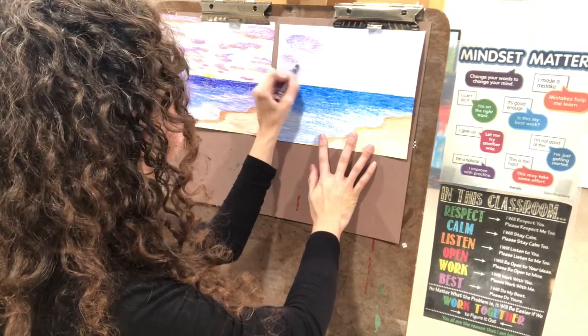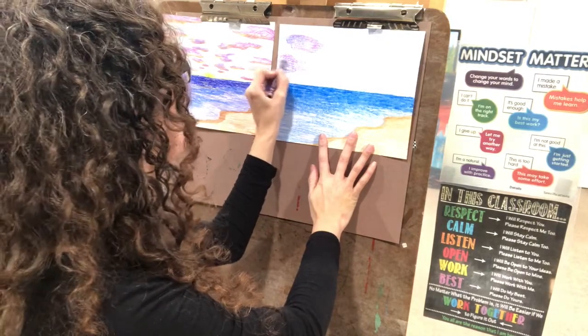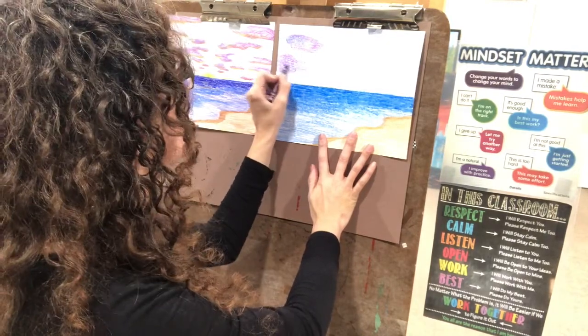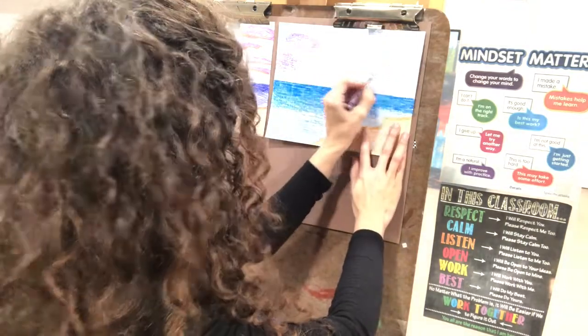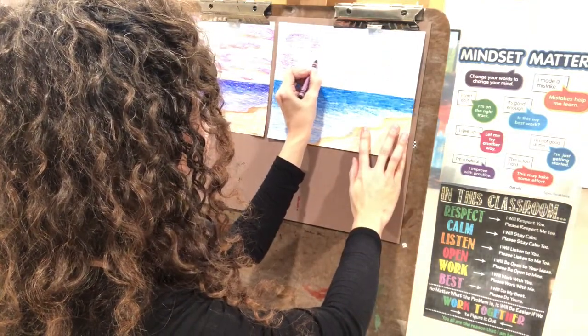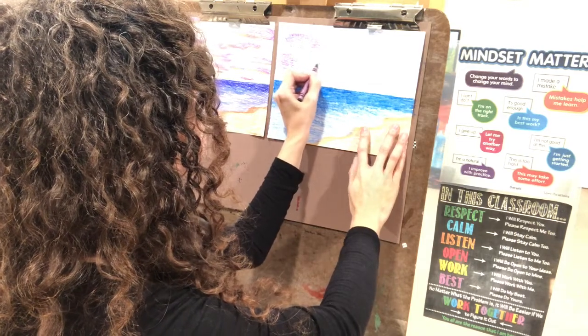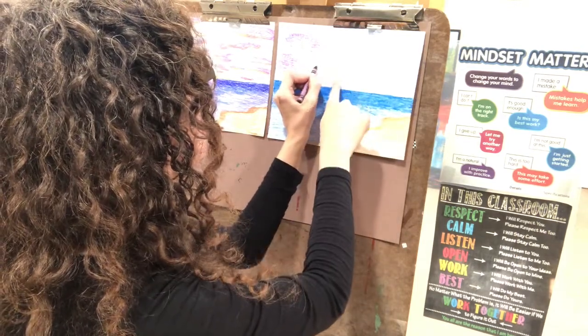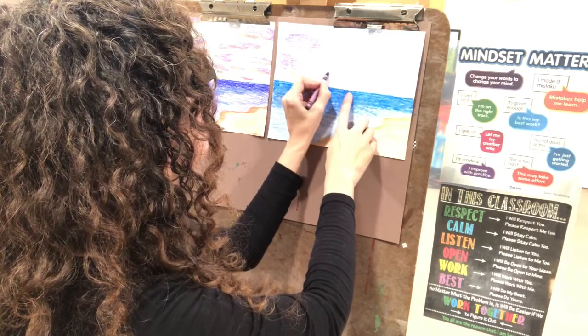And I'm just coloring very lightly. I don't have to press hard. I can press hard if I want to, but I don't have to. And then here I'll start to make some smaller ones, maybe medium, large, medium, teeny tiny, small, towards the center.